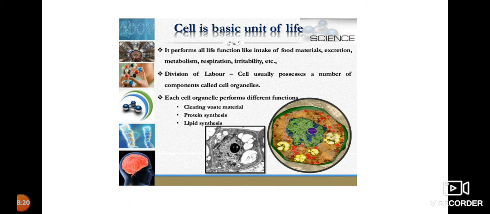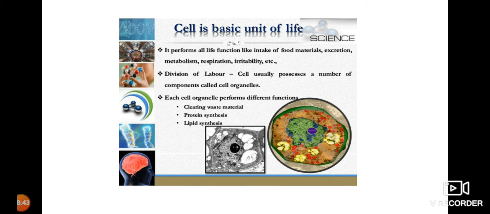Now, as far as we discuss why cell is considered to be the basic unit of life, we know that cell is made up of a specific structure. Whatever the organism is going to have, the cell is responsible for that.